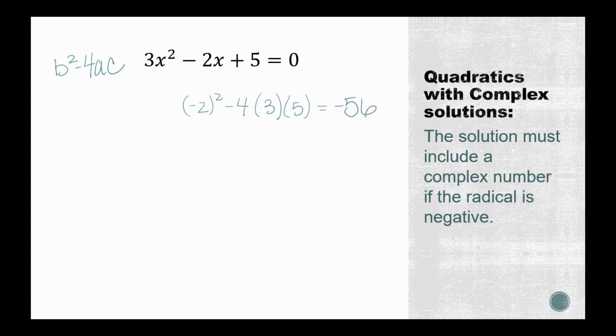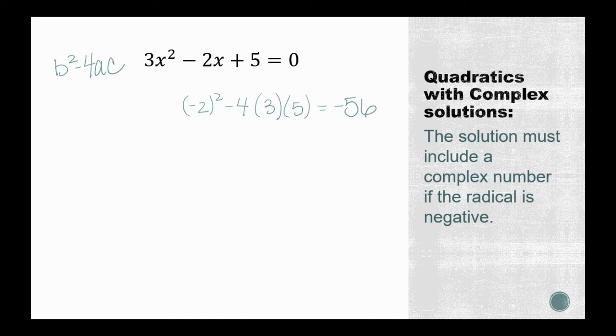Feel free to check my math on that. In order for it to be factorable, first of all, that would have to be positive. And second of all, it would have to be a square number, like 16 or 25 or 81, etc. Since -56 is neither of those things, we know it is not factorable.